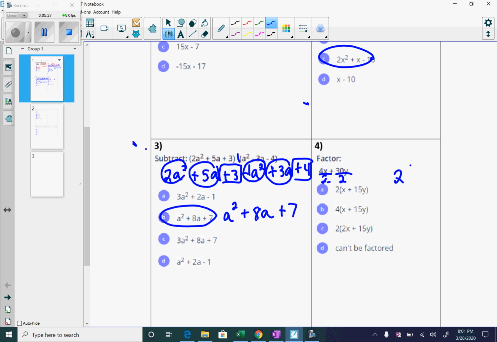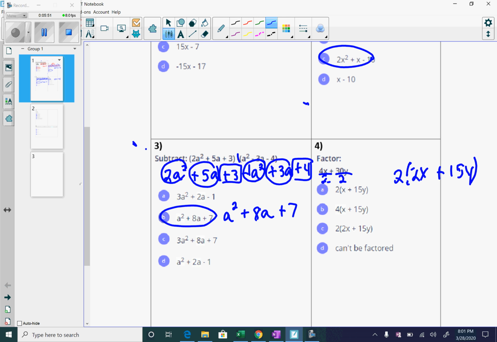So that's going to give me 2x inside the parentheses, and then plus 15y.